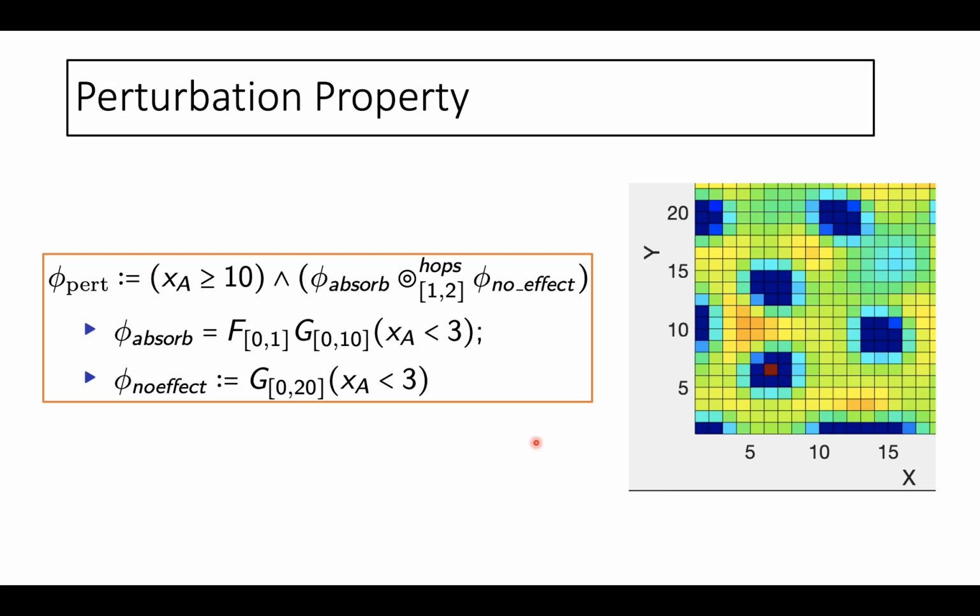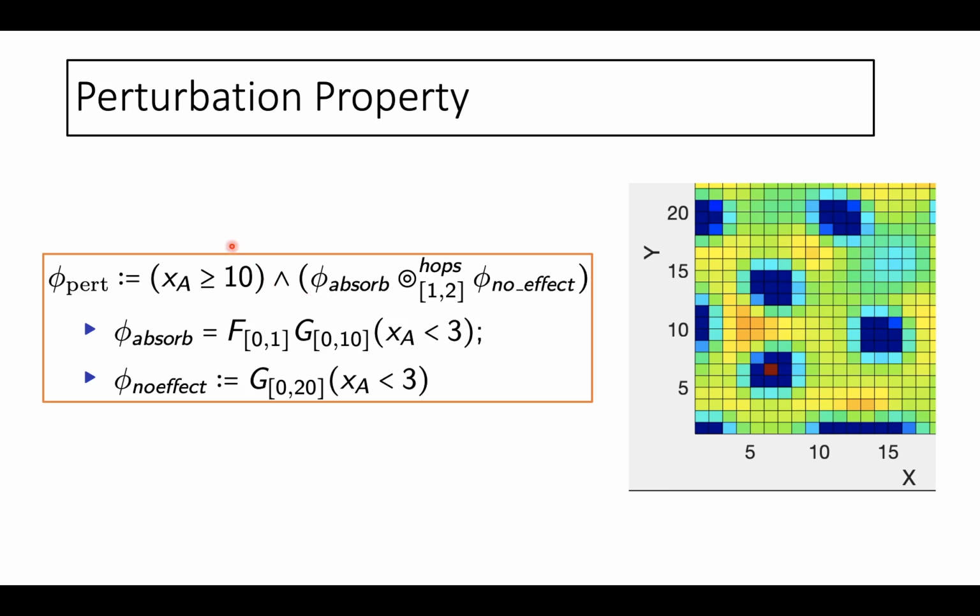And why have we used such a high value? Because to perturb the system, but also because in that way, as you can see now on the property, the only location that can satisfy the property, the value of A greater or equal to 10, is the one that we have perturbed.